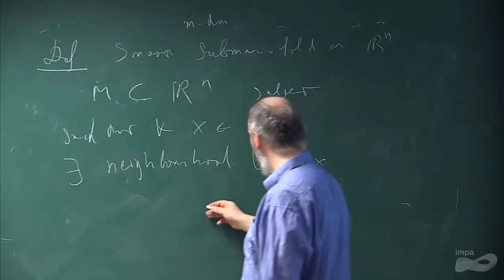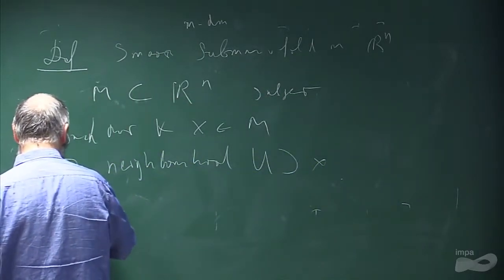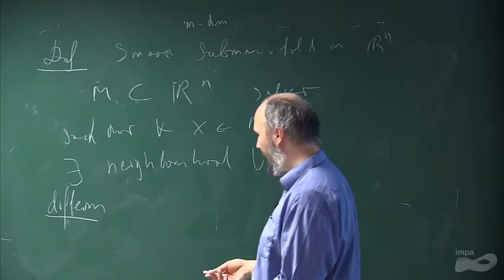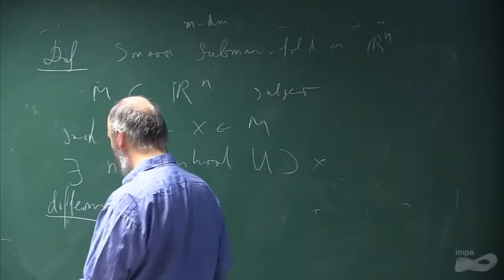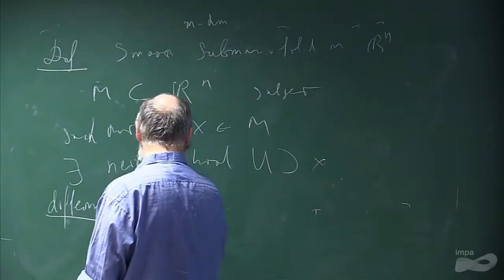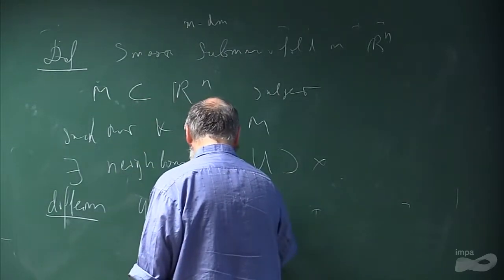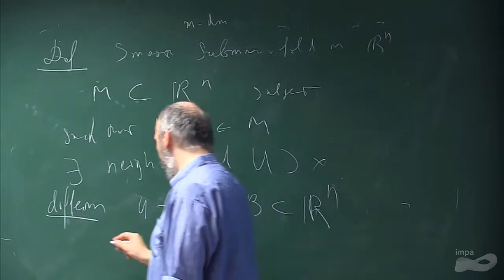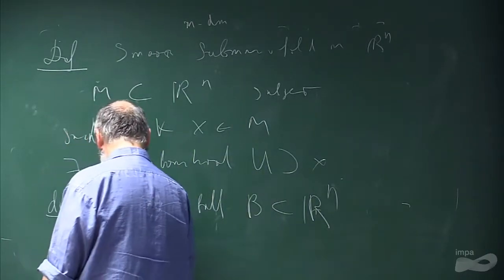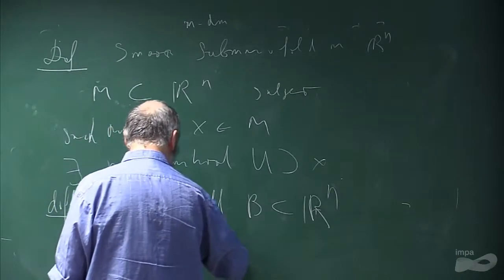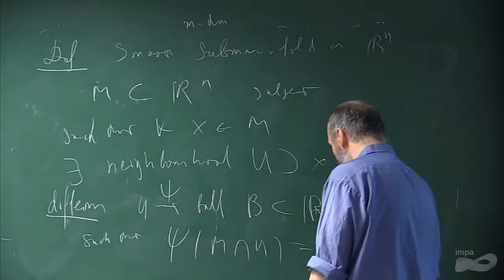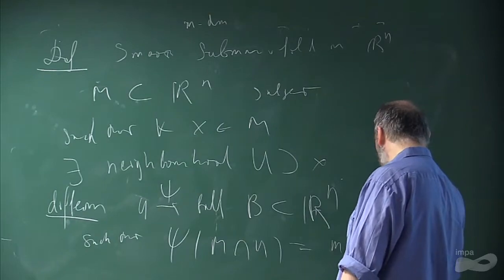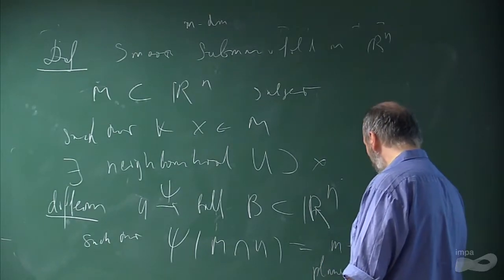This is a neighborhood in Rn. And a diffeomorphism, meaning an invertible map which is smooth, and the inverse is also smooth, from U to a ball B in Rn, let's call it psi, such that psi of M intersected with U is just an m-dimensional plane intersected with a ball.